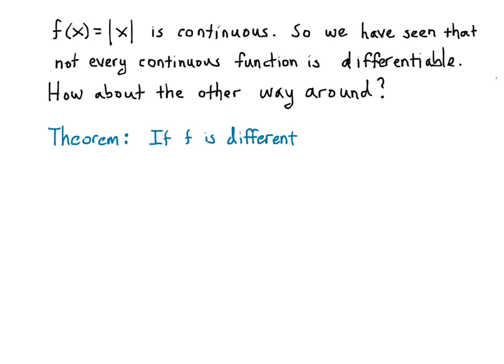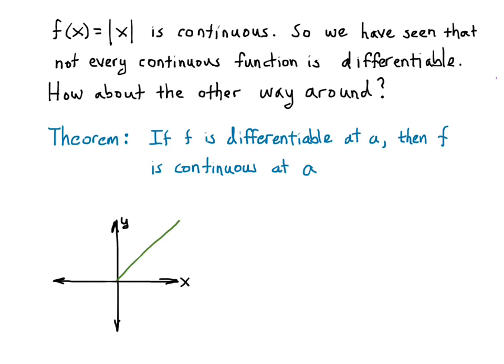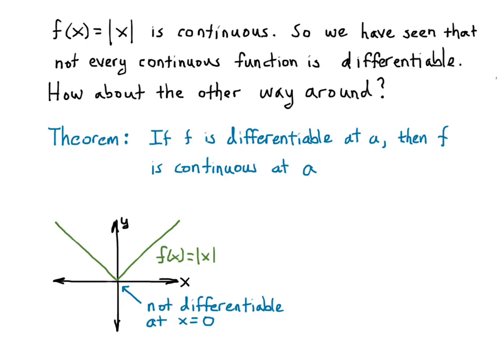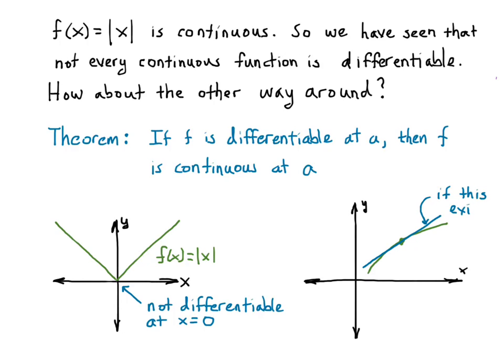Okay, here's a theorem. If f is differentiable at a, then f is continuous at a. So here this is not differentiable there. But if we have any other function, if that exists, then you must have a continuous function at that point.